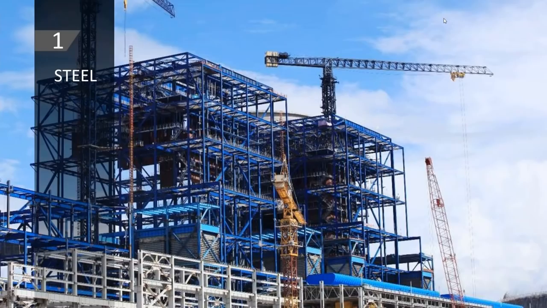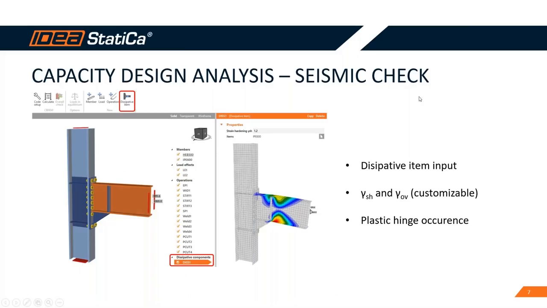In the next few minutes, we will go through all new features for steel applications in IDEA StatiCa version 10. So let's do it. First thing, we implemented a new capacity design analysis for the seismic check for seismic areas.